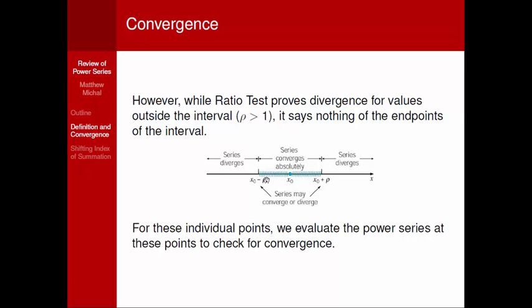So our power series will only converge inside this nice shaded region. So the question is, what happens at that endpoint? Because that's the case when rho is equal to 1, and it doesn't say anything. So we have to use other tests, whether that be the limit comparison, direct comparison, alternating series.